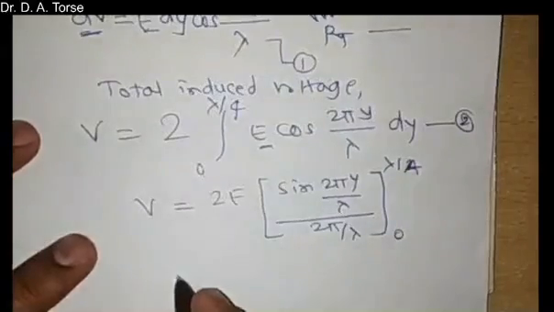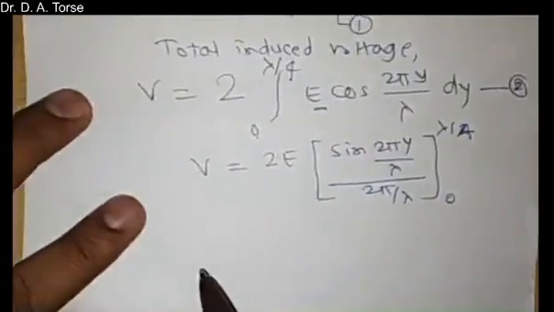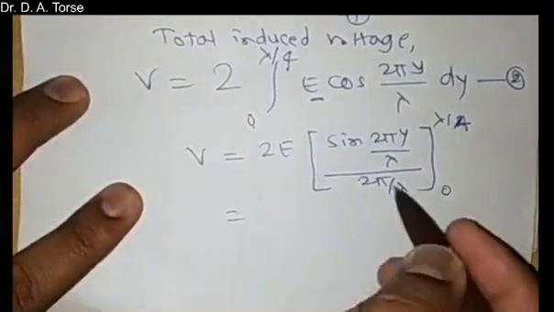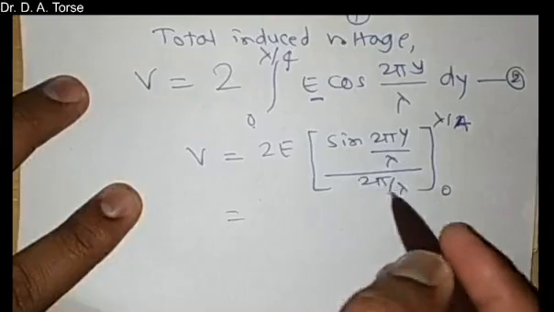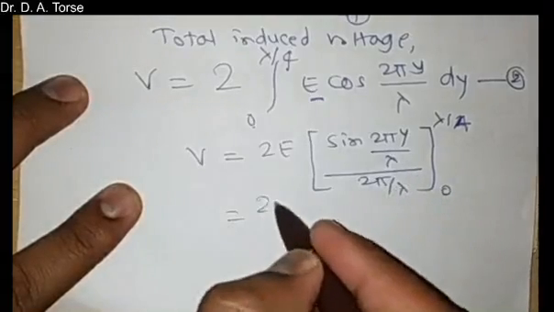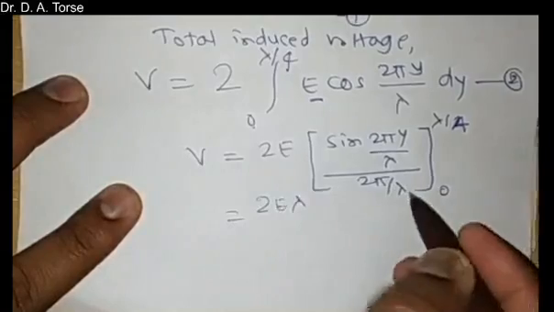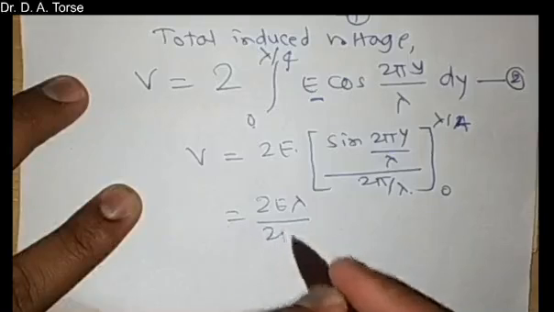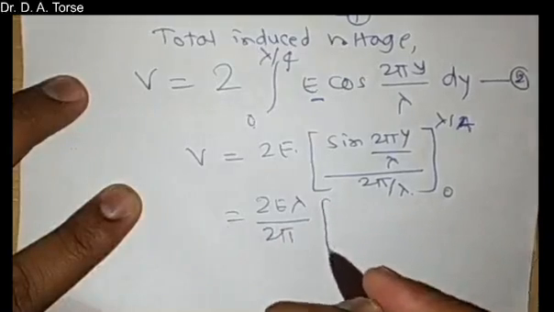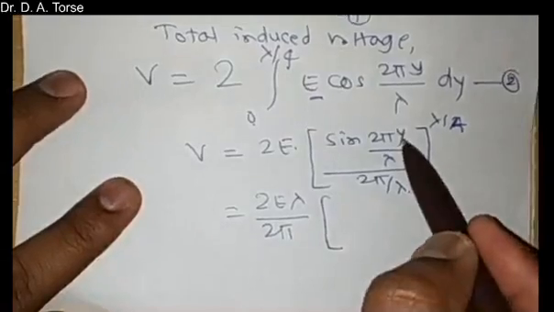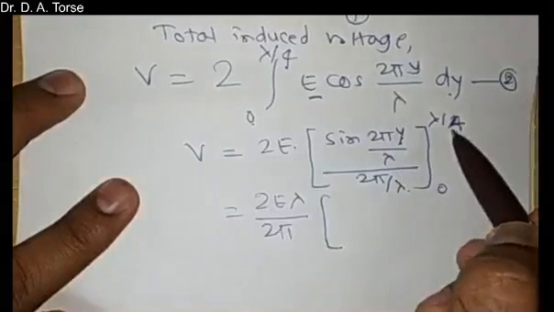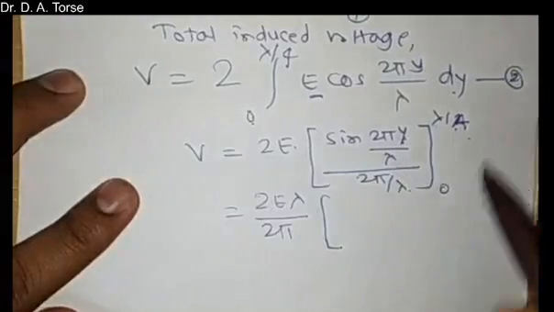So the answer that we get for these substitutions is, if you take the constant terms outside, 2E lambda divided by 2 pi. In the bracket, since we have integrated with respect to y, we put the values of the limits in place of y, lambda by 4.